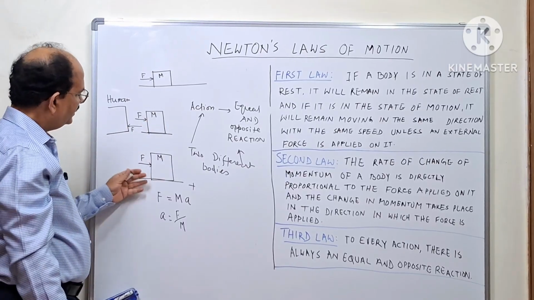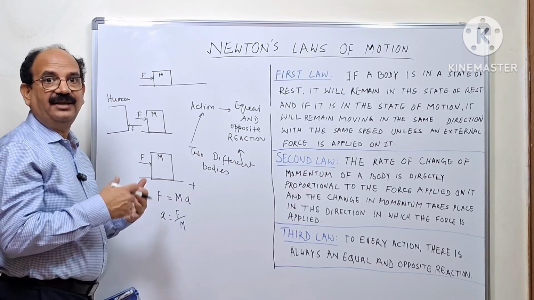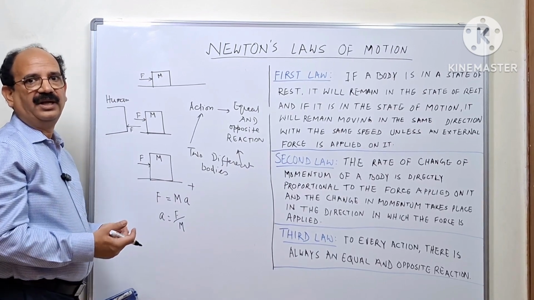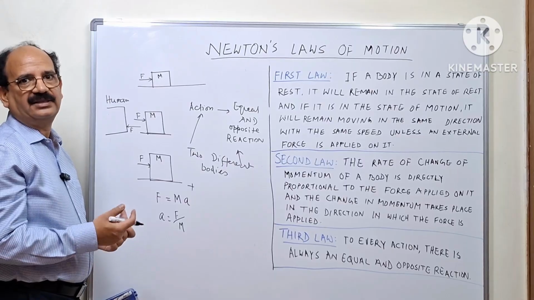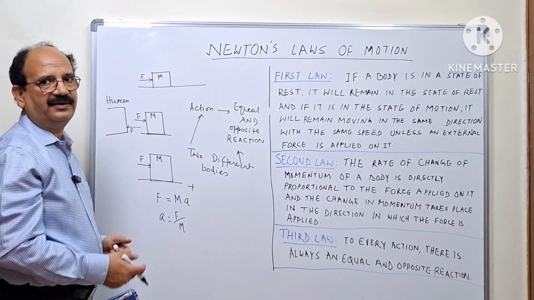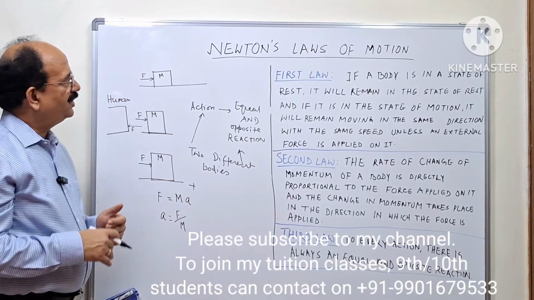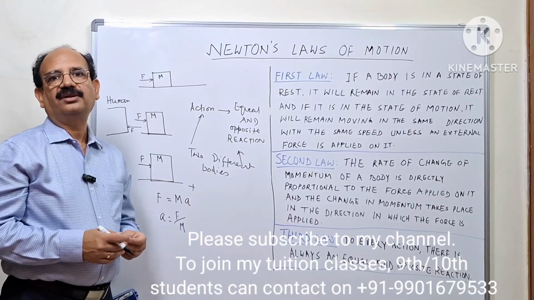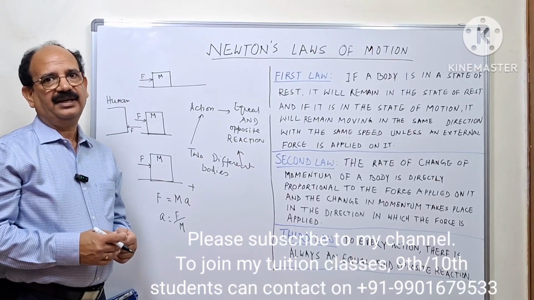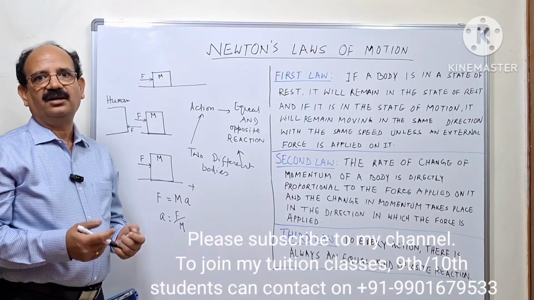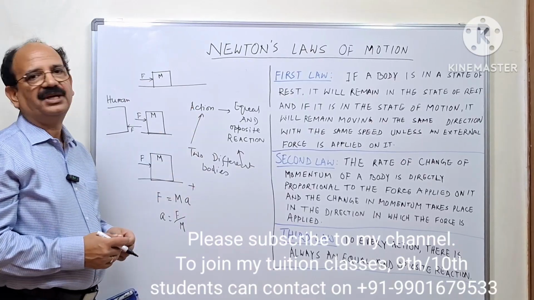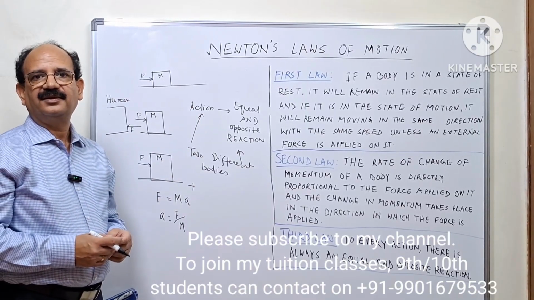That is how you analyze the resultant force on a body and then the acceleration of the body. By this example and explanation, you would have clearly understood all three laws of motion. In the next example, I'll take a numerical example and explain the application of these laws. Thank you.